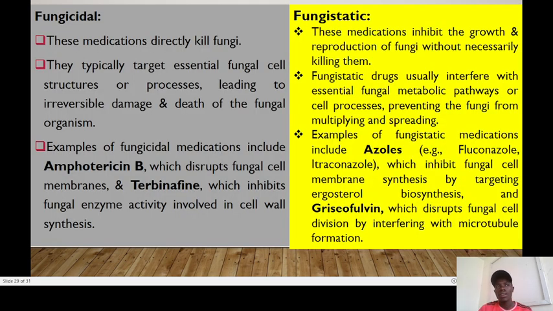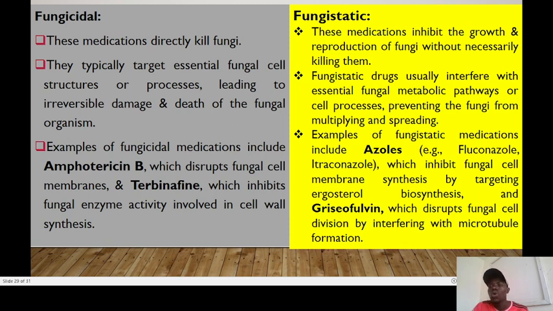Antifungals could be fungicidal or fungistatic. Remember, fungicidals are drugs that kill the fungi, whereas fungistatics are medications that inhibit the growth and reproduction of the fungi without necessarily killing them.